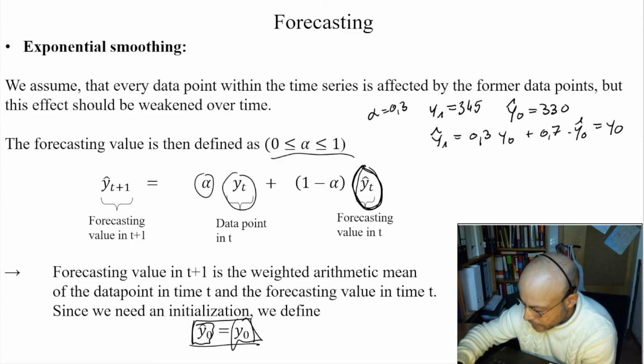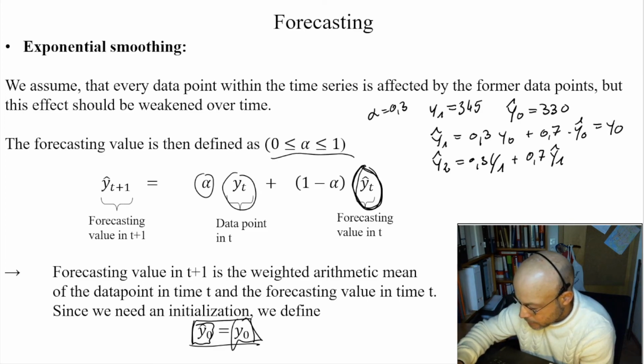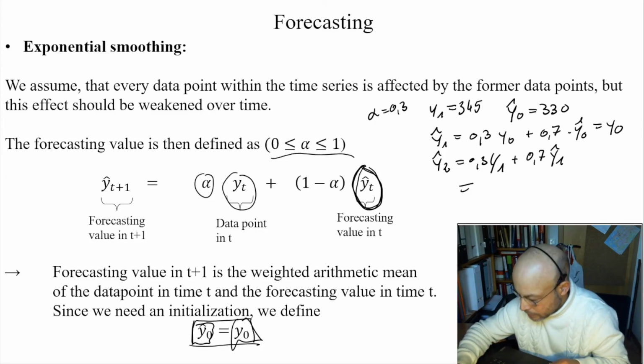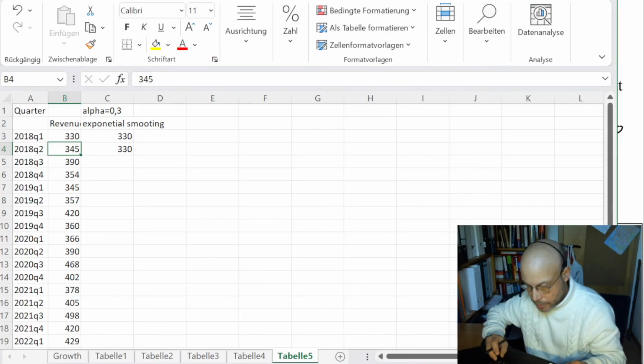So the next one would be y hat 2 equals 0.3 times y1 plus 0.7 times y hat 1, and this will be 0.3 times 345 plus 0.7 times 330.